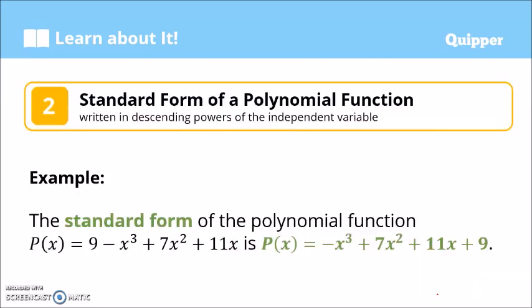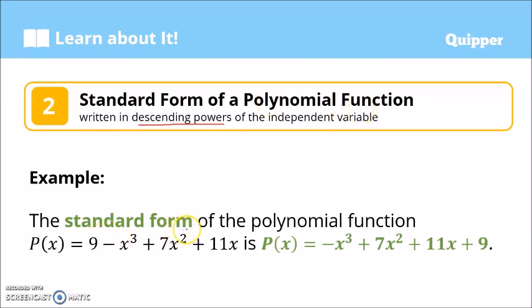Okay? Now, the standard form of a polynomial function is written in descending powers. Ibig sabihin, yung first term dapat contains the highest exponent. Yung first term dapat should be the leading term. And pababa yung powers. Okay?